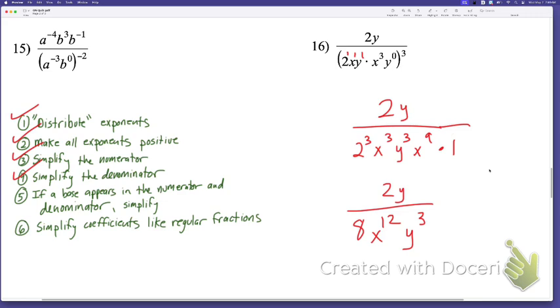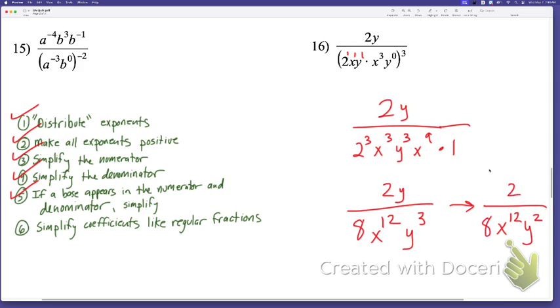Let's see. If a base appears in the numerator and denominator, we need to simplify. Okay, so we have y to the first and y to the third. The power is 2 higher in the denominator. So after we sort of cancel out, we're going to have a y to the second in the denominator. X to the 12th will stay put.